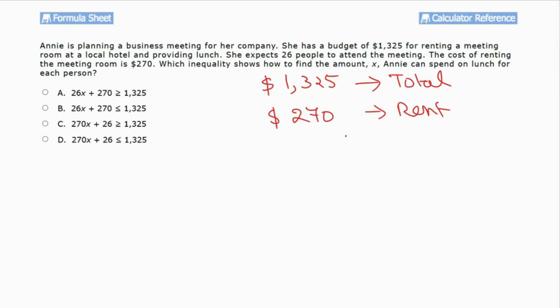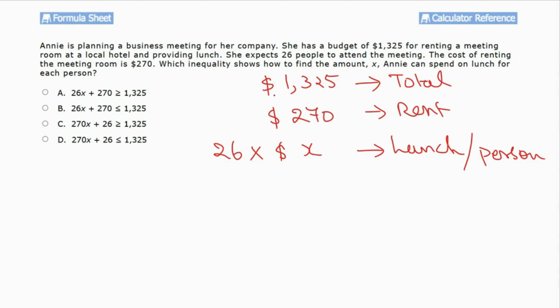She is expecting 26 people, and X is the amount of the lunch per head, per person, right? So $X is the lunch per person. So if 26 people are there, that is going to be 26 times X.